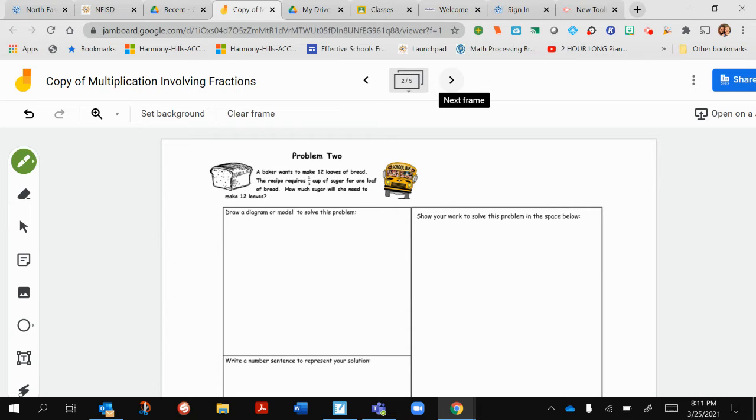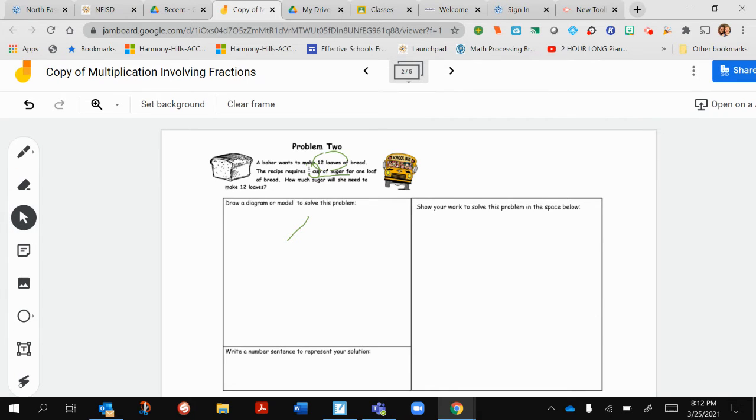So here's what I know. I have the 12 loaves of bread, and I have 1/3 cup of sugar. And then I'm looking at here, let's see if I can make this a little bit larger.